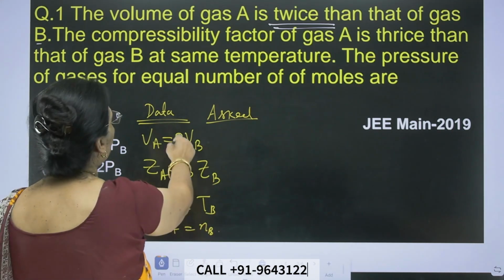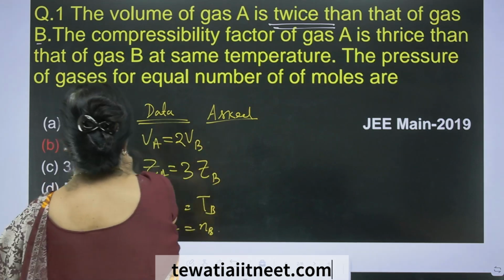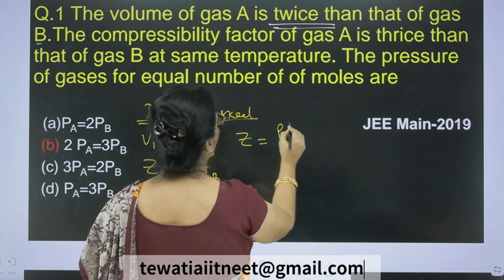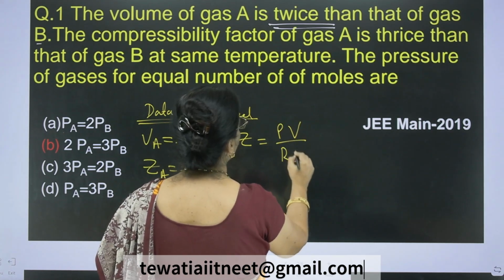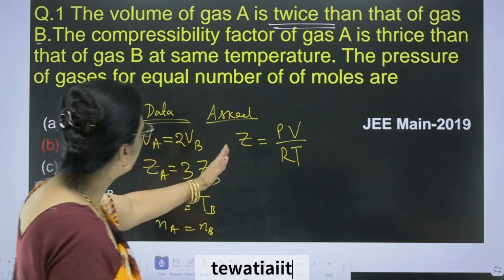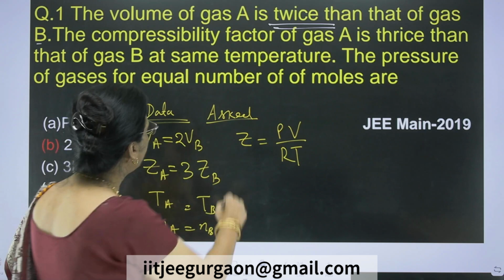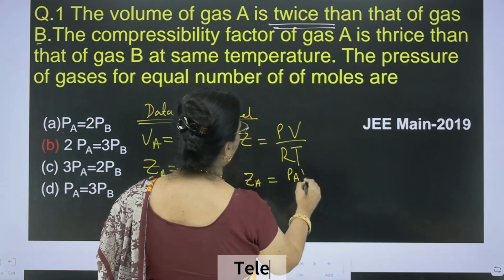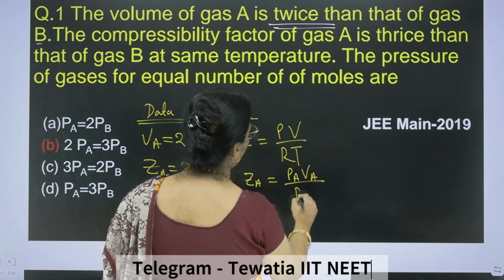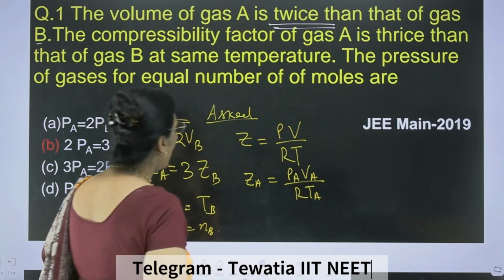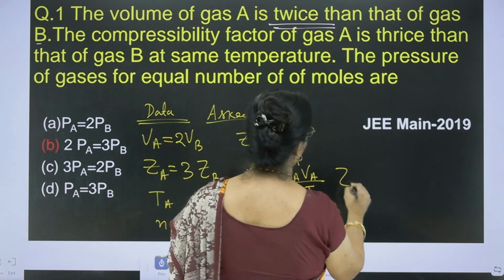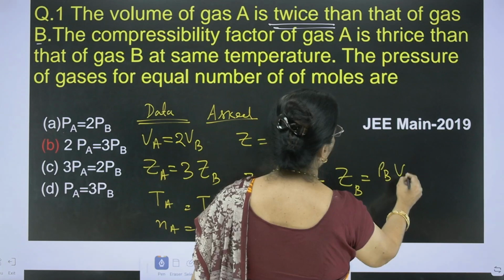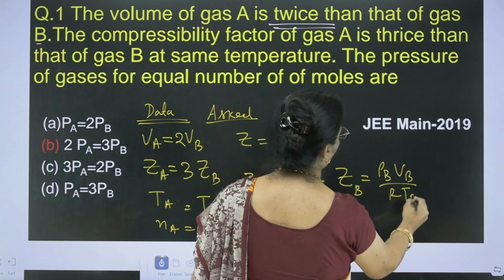Now, from this let us calculate PA and PB. First we see Z, as you know, Z = PV/RT. Now, ZA we can write as PAVA/RTA, and ZB we can write as PBVB/RTB.